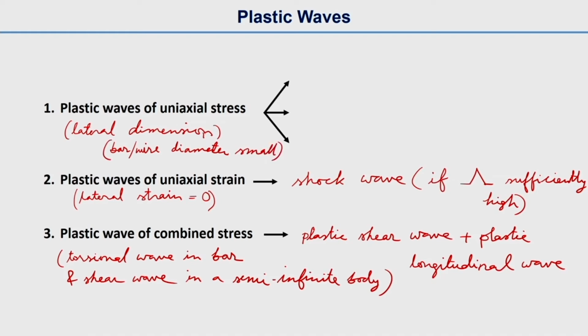There are three theories of plastic waves that we generally follow, which were initially proposed by, the first one, von Karman and Duez, then Taylor, and the third one is Rahmatulin.